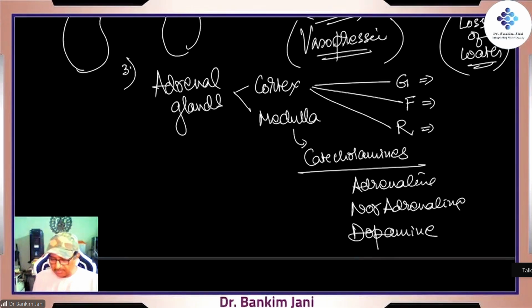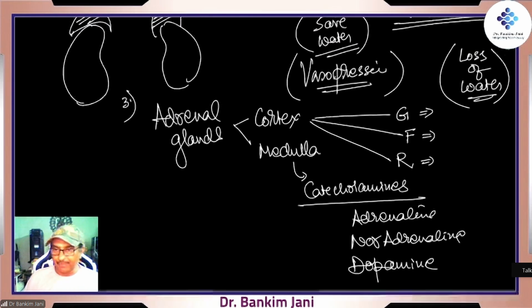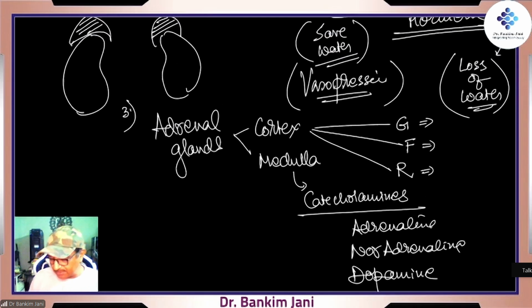These are the things which are sympathetic stimulators, fight or flight. And this is the area in which we are right now interested. This will be releasing aldosterone, which is also called a mineralocorticoid. So that is the aldosterone which will be released.